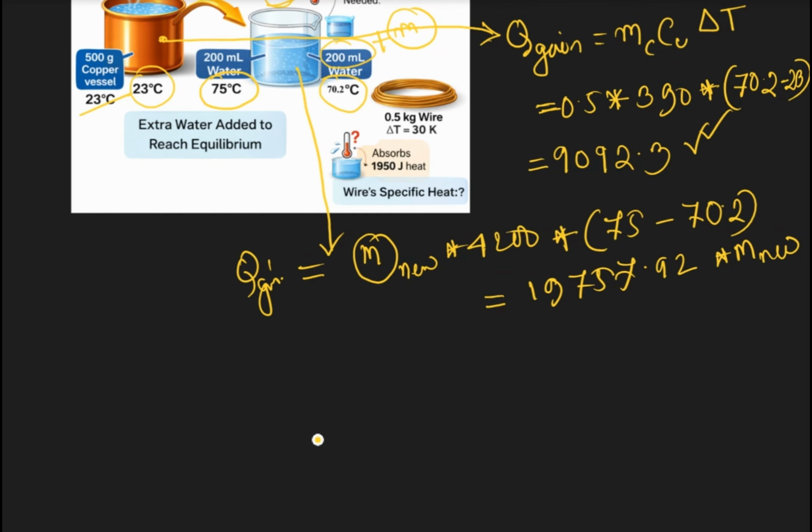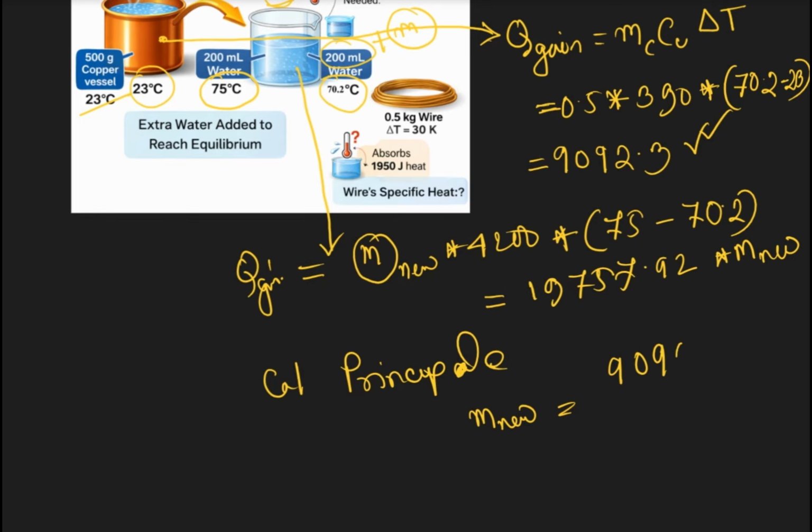So by the calorimetric principle, we could write m new is equal to 9092.3 over 19757.92.